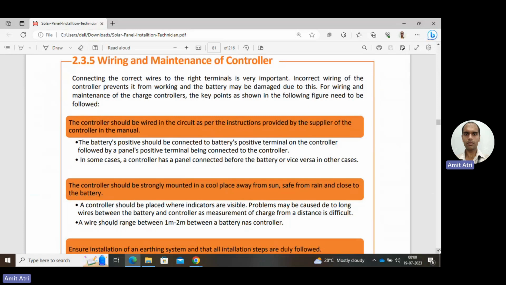The controller should be wired in the circuit as per the instructions provided by the supplier in the manual. For example, the positive terminal of the battery should be connected to the positive of the controller. No interchanging.